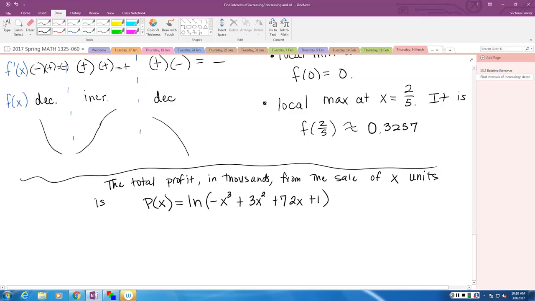So this is all in the argument of our natural log, so I have that set of parentheses on there.